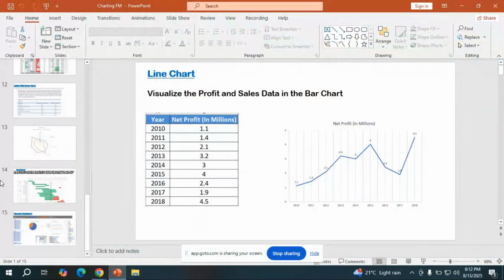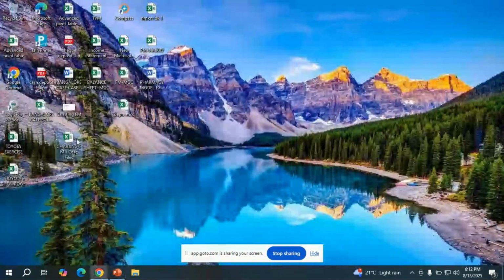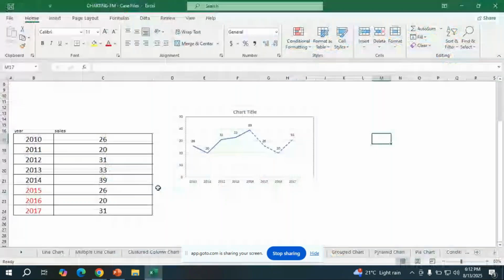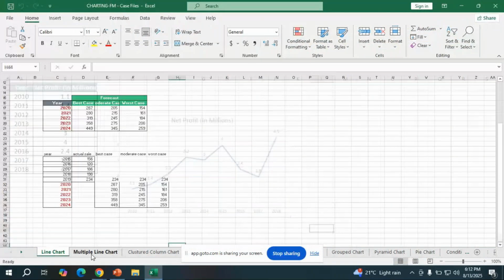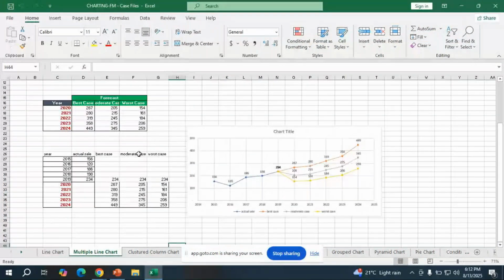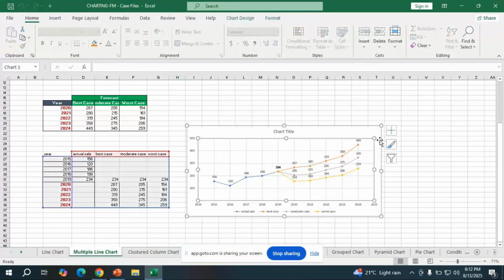Right. So if you see here, you have various charts. I'll also bring the Excel file here. Yes, this is what you had done yesterday, right? You're done with the line chart. This is a multiple line chart. Multiple lines depend upon the data you choose, so you can get a multiple line chart.